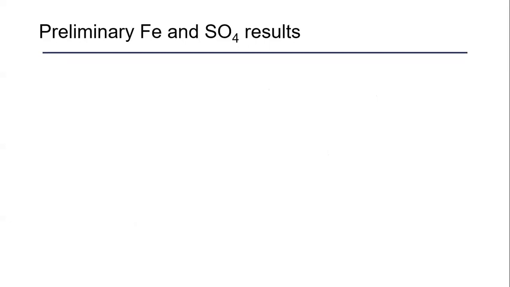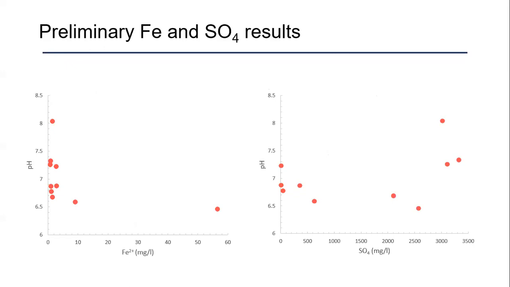As the project is at a very early stage, today I can share only very basic preliminary results. Here is the plot of ferrous iron and pH that represents the decreasing solubility of this iron with the increasing pH values. Whereas the behavior of sulfate against pH is not that straightforward.